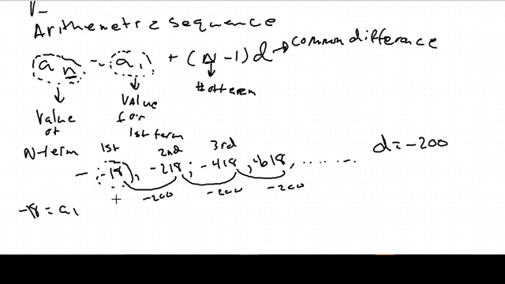So n is equal to 1 there, n is equal to 2 there, and n is equal to 3 there. That little subscript, that's why it's got a 1 there, because it's the very first one.